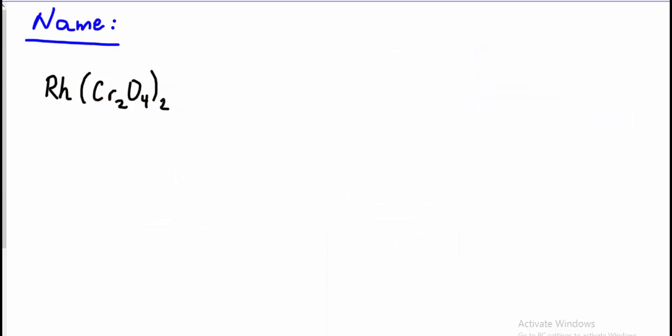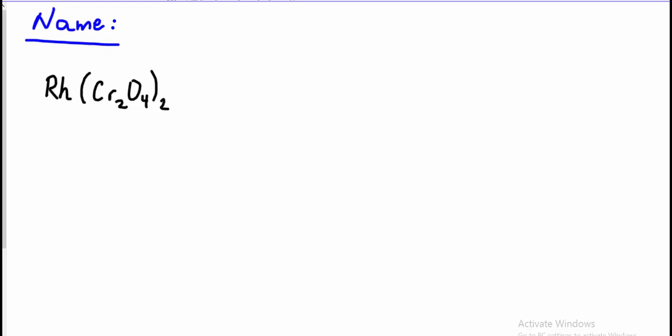First off, we have this one here, Rh(C2O4)2. So again, going through this step-by-step process, the first thing we want to do is recognize right away I have a polyatomic ion here. How do I know? Because I have more than two element symbols in the compound. A simple ionic compound would only have two elements present. But here I can see I've got Rh, C, and O. Therefore, somewhere in here there's a polyatomic ion.